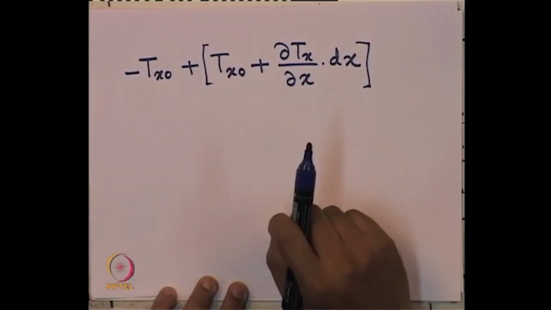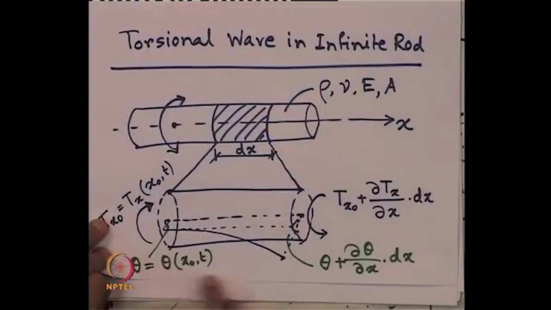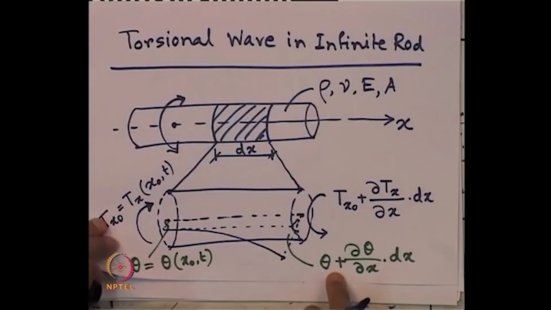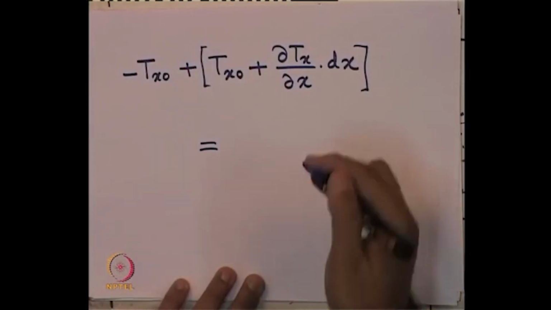Okay. So, that net torque is nothing but the inertia force acting on that element when the wave is passing through. Now, what is that inertia force? Inertia force will be the multiplication of the mass times acceleration. So, in this case, how much is the displacement? First of all, it is a rotational displacement, which is nothing but theta. So, the acceleration will be the double derivative with respect to time of this theta parameter.